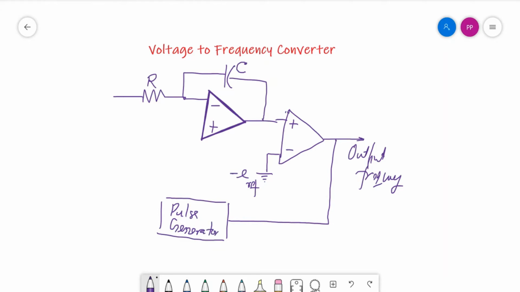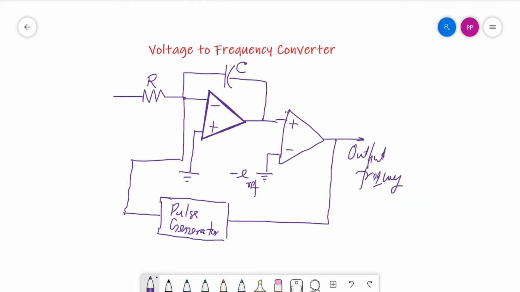It will sense the change in the comparator output, that is the polarity, and accordingly a pulse train will be triggered by the pulse generator. This pulse generator is connected to the inverting input of the op amp of the integrator. The non-inverting input is grounded.